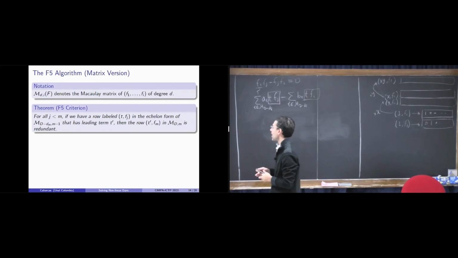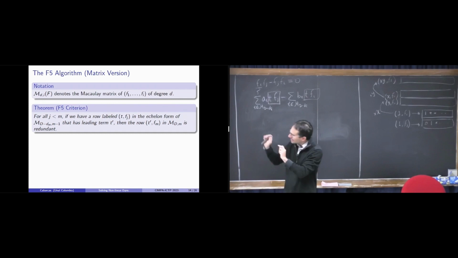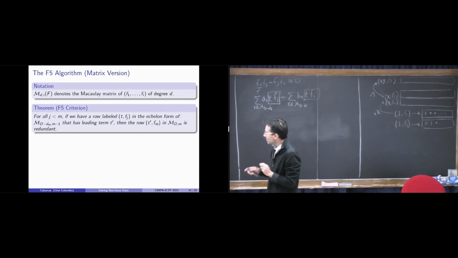So it's like we're picking one of these and we are saying that one is the one we're going to remove. Which one? Well, that's what this says. It's a systematic way of doing it. Now, notice that here we're talking about a Macaulay matrix at a lower degree, d minus dm.